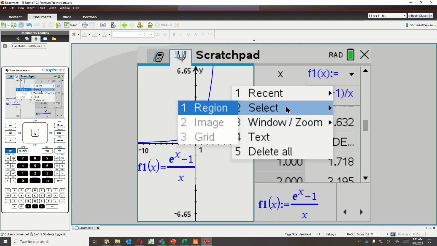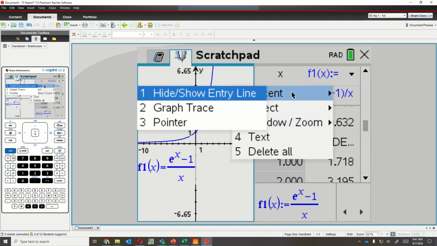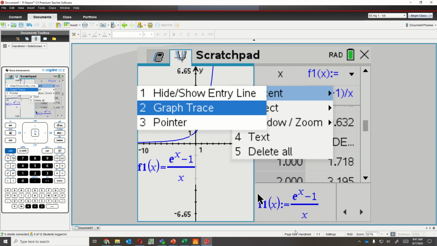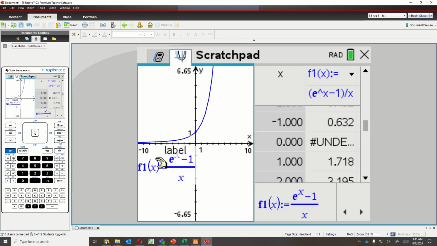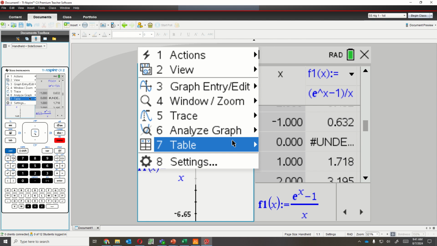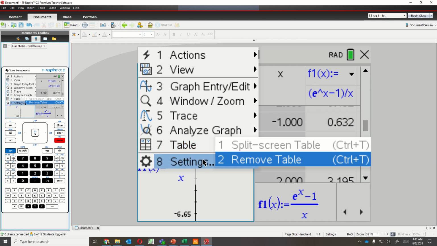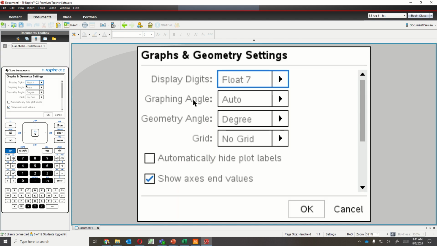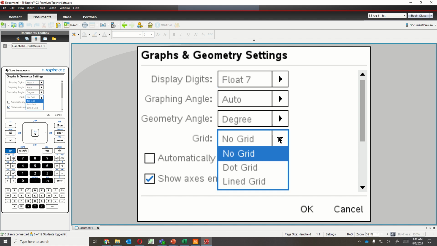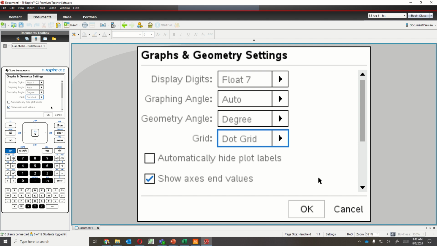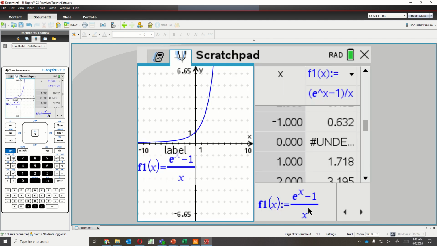All right, let's see. There you go. So I added some dots here to my graph to make this one look a little bit better.